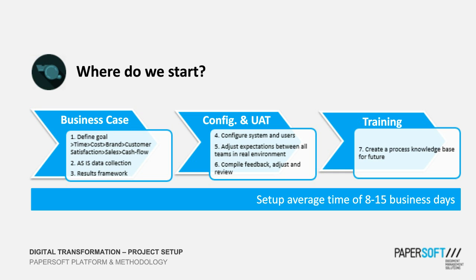So we collect data on the existing process, and we build up a results framework that we can match as we go along. We do a configuration and user acceptance criteria based on the configurations that we have within our system to make sure that all the expectations are matching the real environments that are necessary. So collecting information during the early stage of the prototyping is key to make this happen and reach the success of the change.